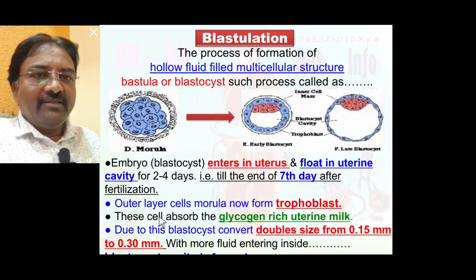The outer layer of the blastocyst, called trophoblast cells, absorbs glycogen-rich uterine milk.